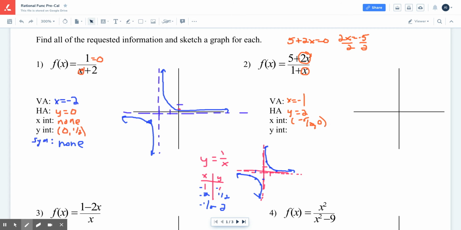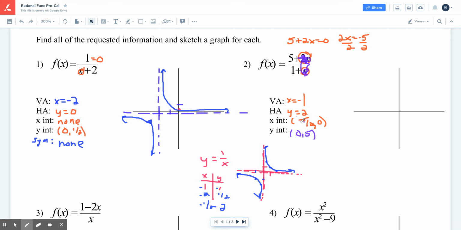You write it as a point. To get the y-intercept, you plug 0 in for x in both places. So that's gone, and it's 5 over 1, which is 5. So it's (0, 5).